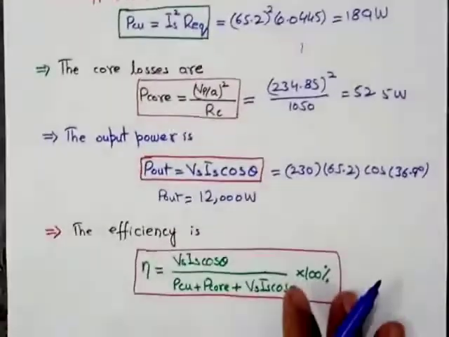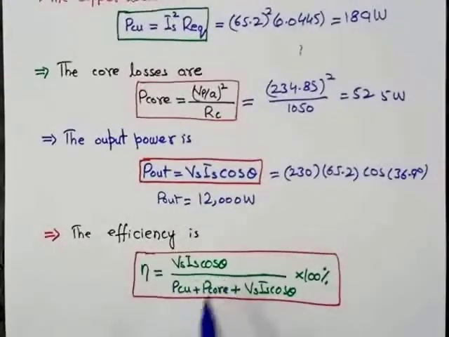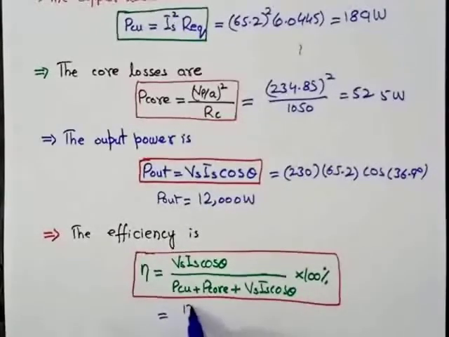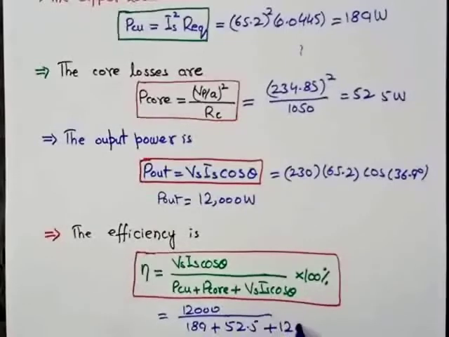Now the efficiency of the given transformer is Vs Is cos theta over copper losses plus core losses plus output power. Putting the values of output power, copper losses and core losses in this equation, the output power is 12,000 watt, the copper losses are 189 watt, the core losses are 52.5 watt, plus the output power is 12,000.